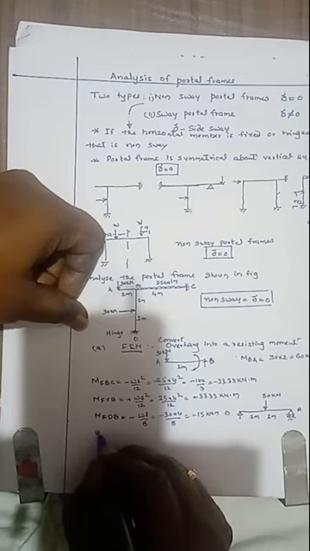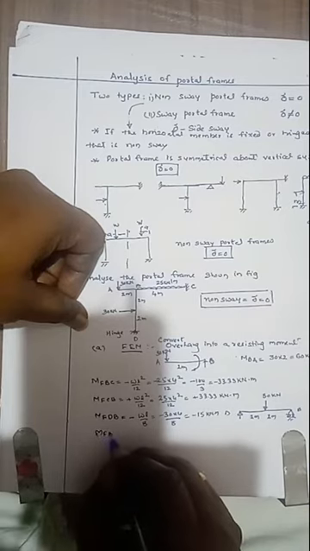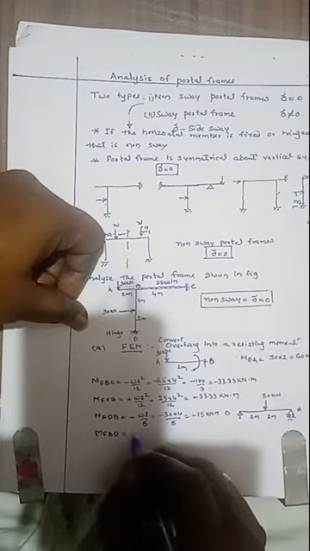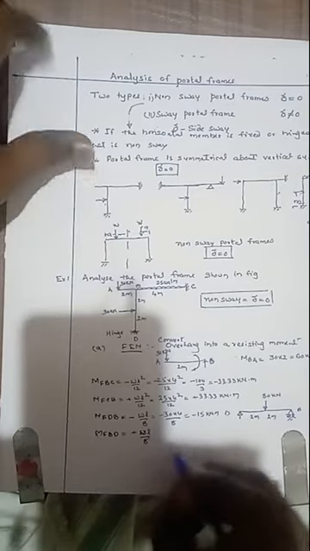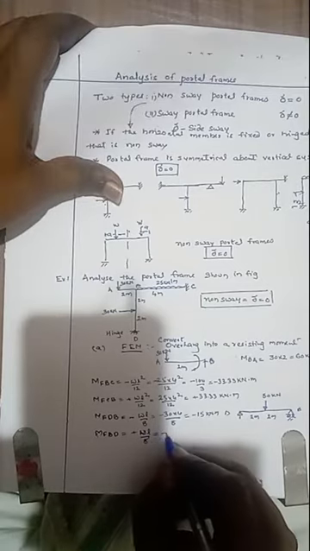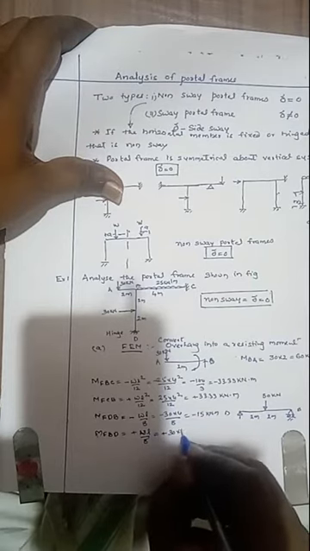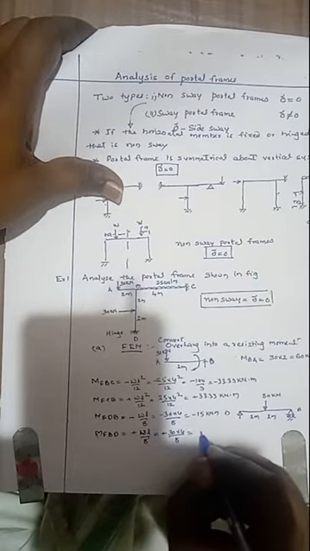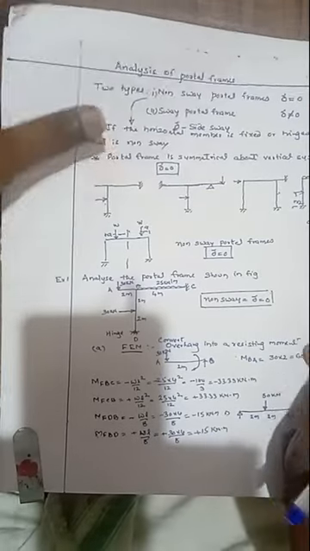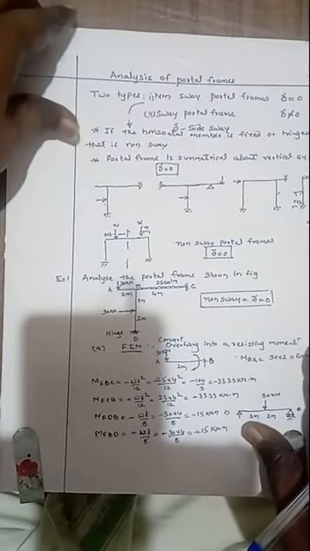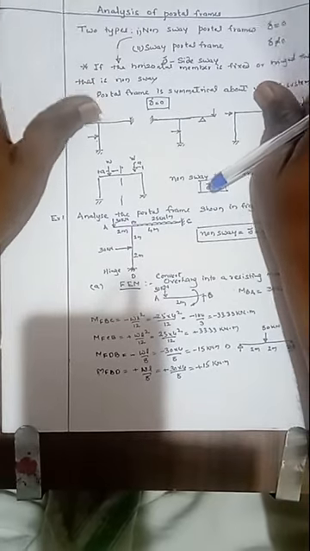Then MF BD equals, again WL by 8, that is plus 30 into 4 by 8, that is plus 15 kilonewton meter. Now you have calculated the fixed end moments, that is MF BC, MF CB, MF DB and MF BD.